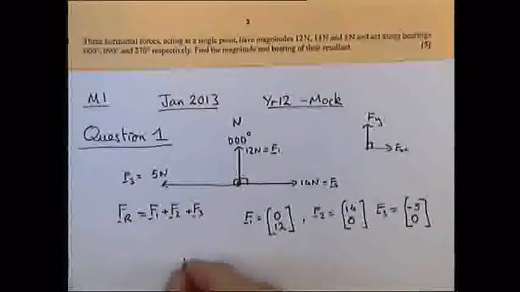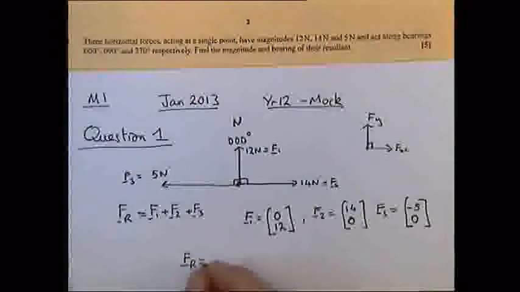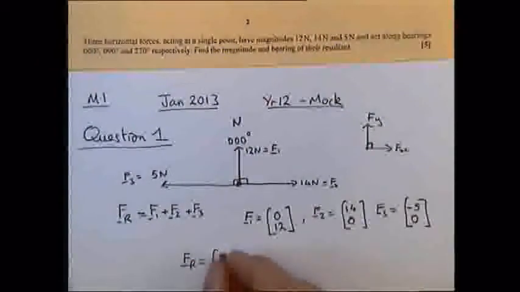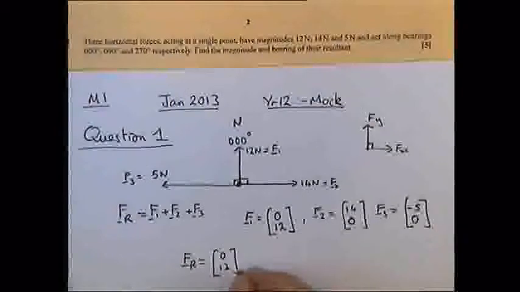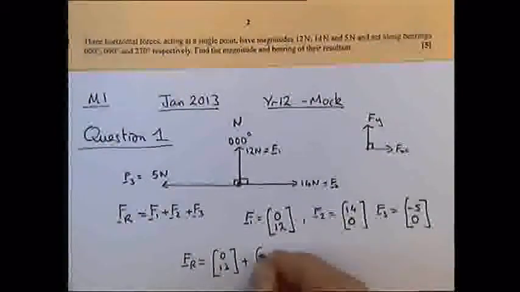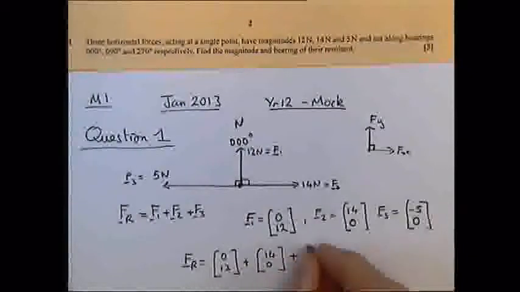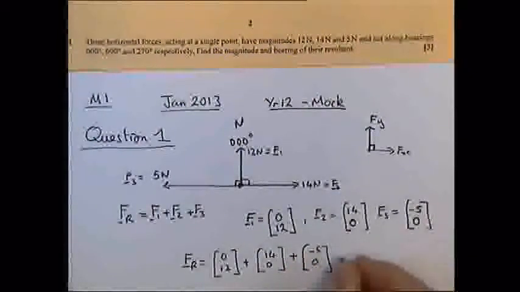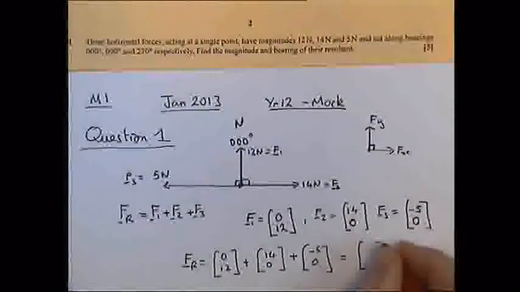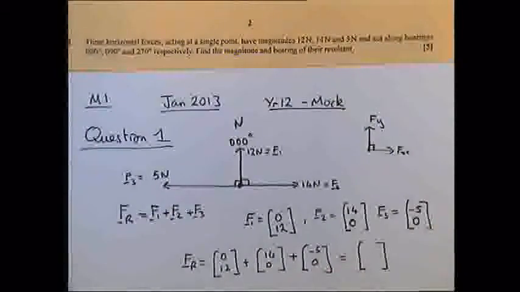So now I can write that the resultant force Fr is equal to (0, 12) plus (14, 0) plus (-5, 0), which is (9, 12).